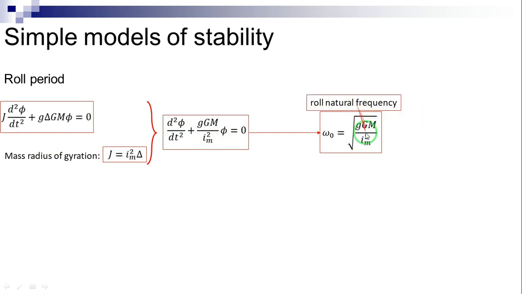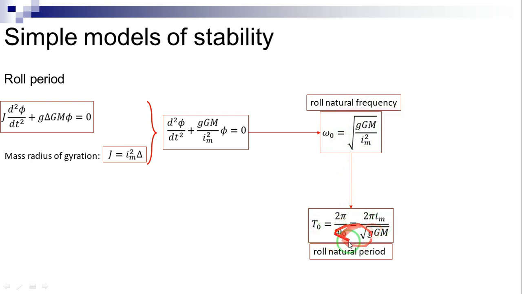The roll natural period can be written using this equation. We conclude that the larger the metacentric height, GM, the shorter the roll period, T0. If the roll period is too short, the oscillations may become unpleasant for crew and passengers and can induce large forces in the transported cargo.